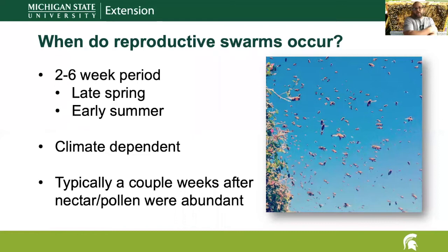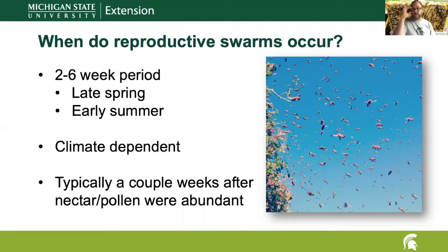All right, so reproductive swarms tend to be very seasonal, and they're stimulated by shifts in temperature and day length and resource availability. They're typically going to occur for a couple weeks, maybe like 2 to 6 weeks, depending on where you're at, within the late spring or early summer. Now this is highly variable depending on the climatic conditions and where you are as far as location. And as we all know, season to season variability can be tremendous in some areas.